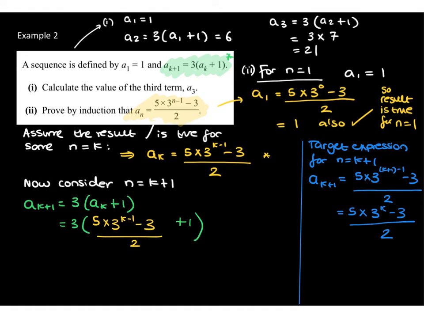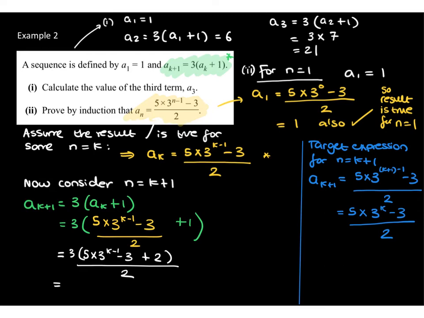And we have to simplify this and show that we get to that blue result, the target result over there. So here we go. I'm going to rewrite this as 3 times 5 times 3 to the k minus 1 minus 3 plus 2, all over common denominator of 2. I am somewhat running out of space here, but let's keep going.